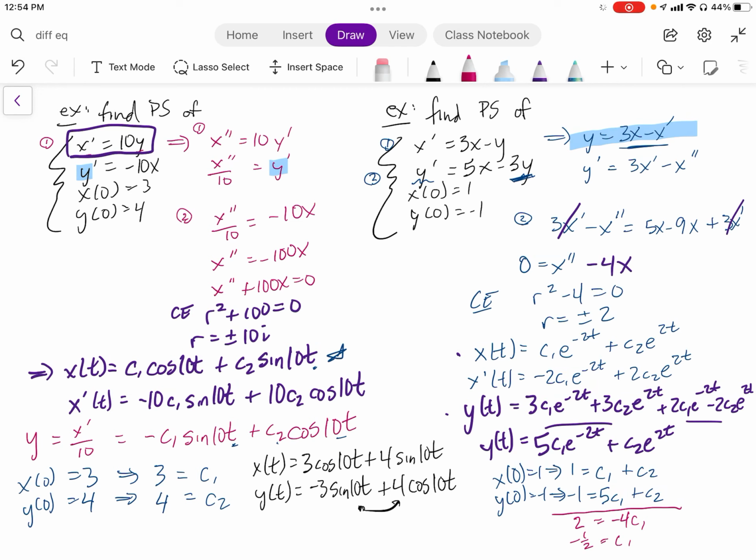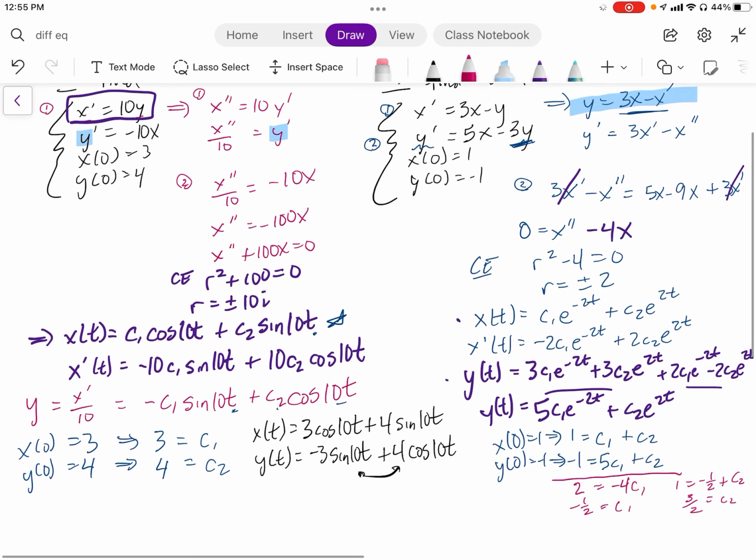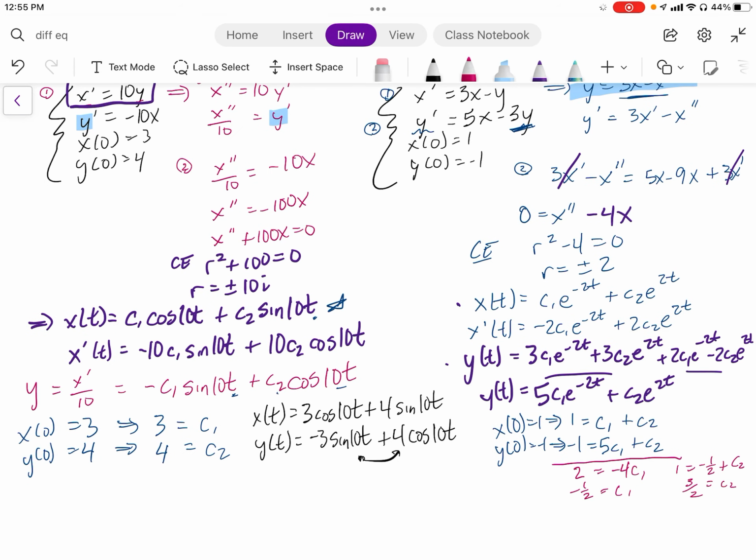All right, the first one looks easiest to substitute. So if c1 is negative 1/2, we'd have 1 equals negative 1/2 plus c2. Add the 1/2, c2 then is 3/2. And about done.